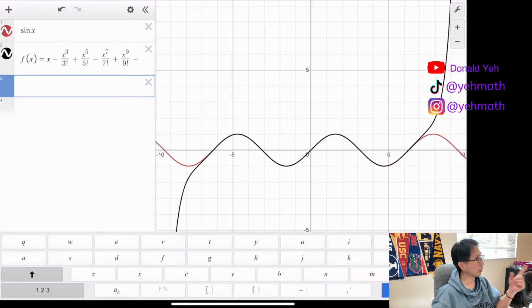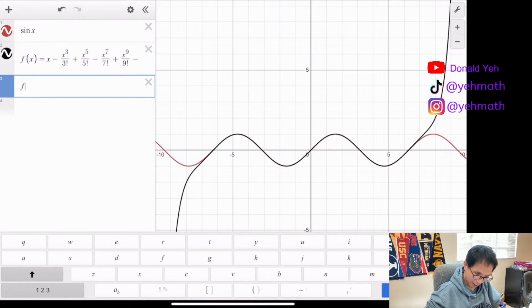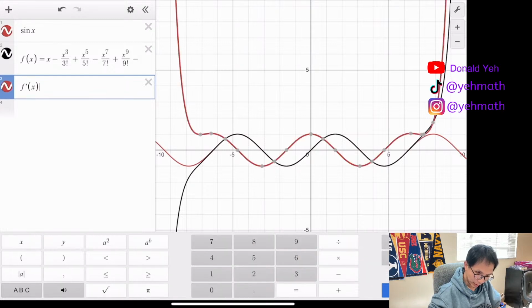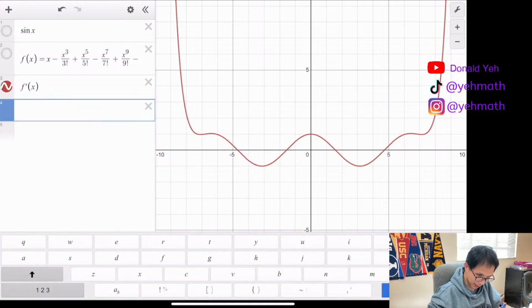So you'll get all the even ones. So it'll be 1 minus x squared over 2 factorial plus x to the 4th over 4 factorial minus x to the 6th over 6 factorial. So check this out. This is what I'm trying to show you. The f prime of x of this is actually almost the same as cosine of x.